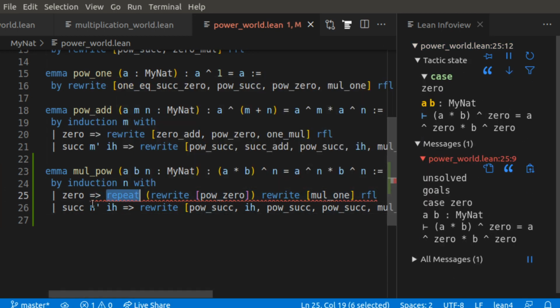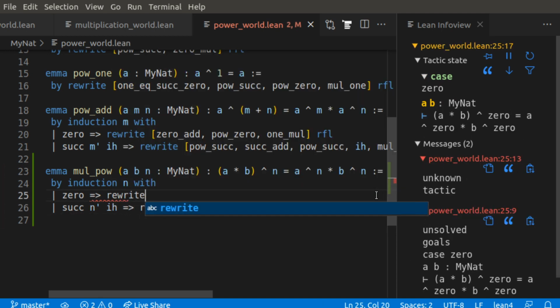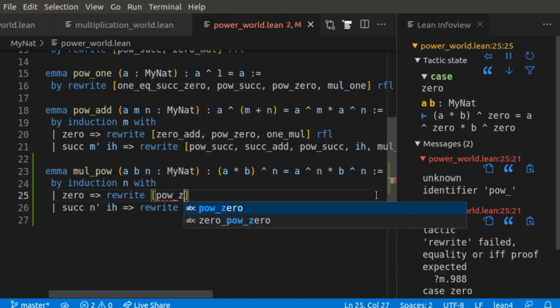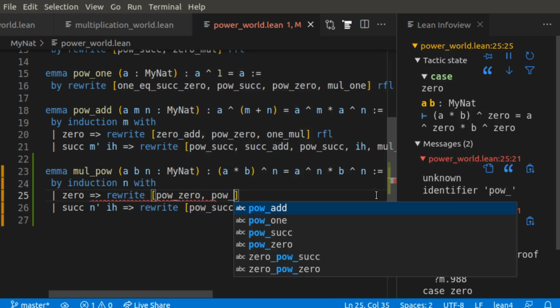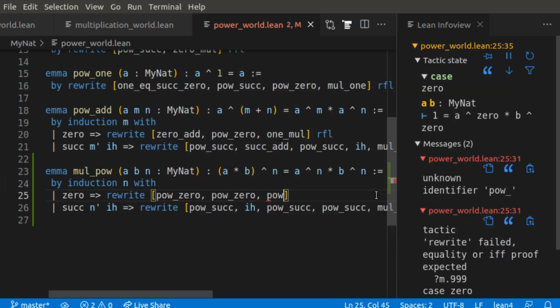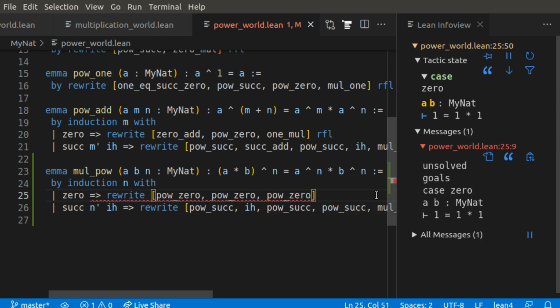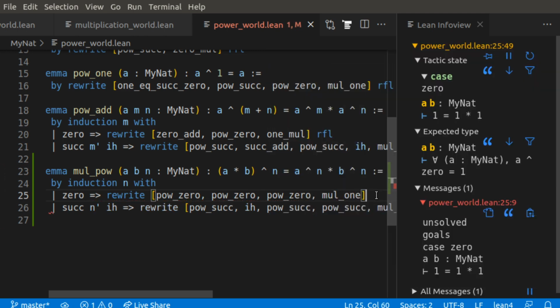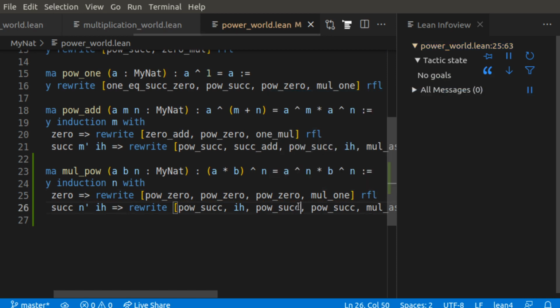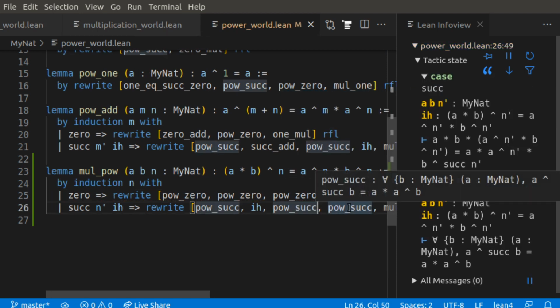Not too sure how to use repeat. I'll figure it out later. I'll just use it the way I know. Rewrite pow 0, pow 0, pow 0, mol1 reflexive. And that's mol pow.